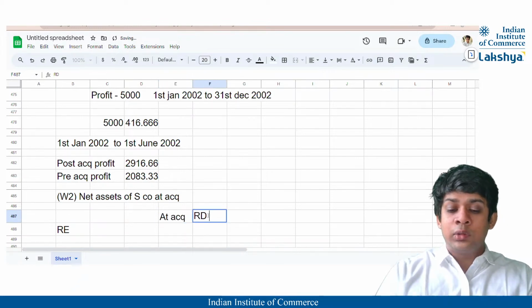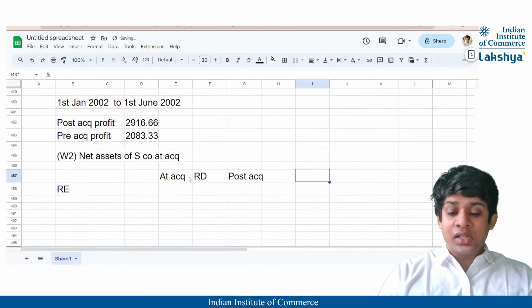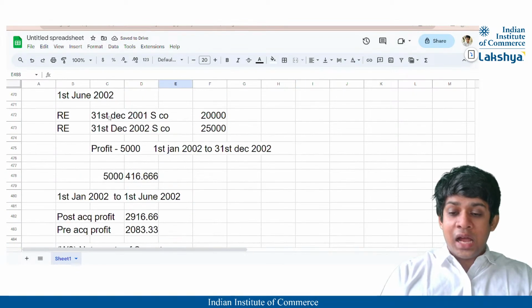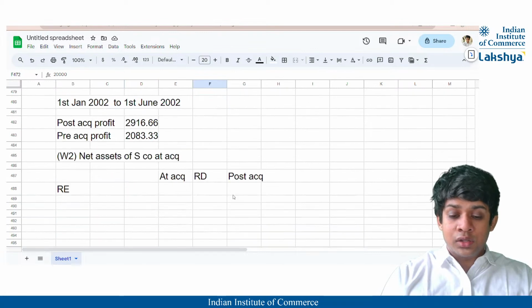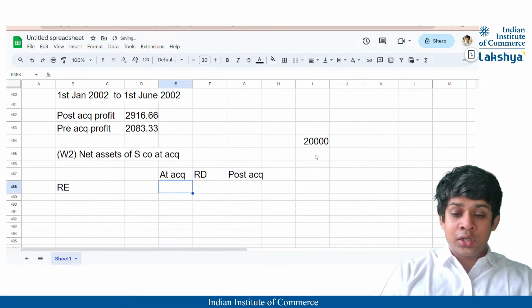At the reporting date, what will be its value? And lastly, in the post acquisition period, what are the profits that the group has earned, right? So the retained earnings is how much? You can see for the last year, the retained earnings were 20,000, right? So 20,000 is going to be there as a pre-acquisition profit, which is available at acquisition.